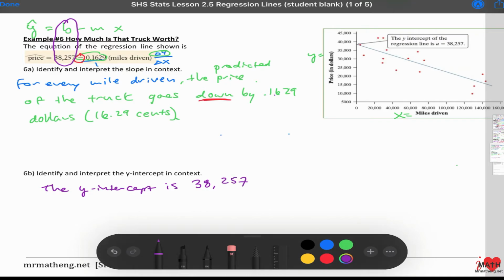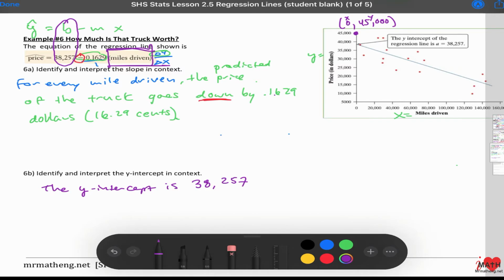And what does that mean? Okay, so review math. Okay, so let's just say I pick this point right here. The ordered pair is 0, 45,000. So x is 0 and y is 45,000. So what would happen if I put in 0 right here? That would give me 0.